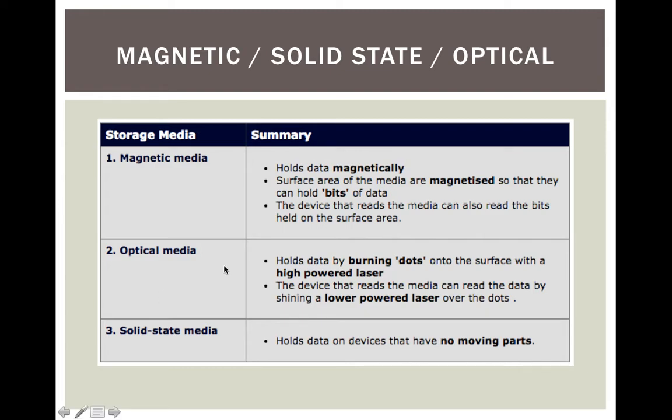And then we have optical media. Optical media holds data by burning dots onto the surface of a shiny disc using a high-powered laser. The optical media is always read using light. Usually that light is a red laser that scans over the top of the disc.